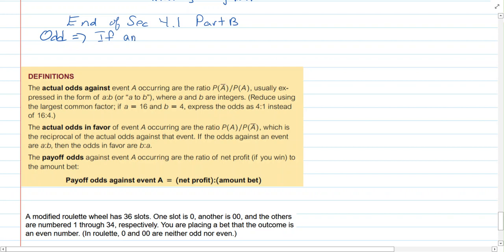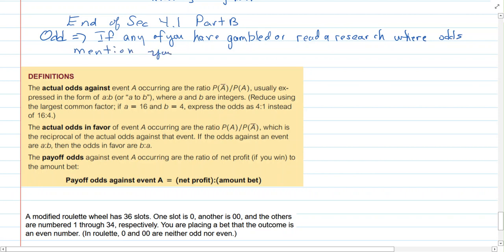If any of you have gambled, read a research paper where odds were mentioned, understand the relationship of winning, losing, and that is what we have.